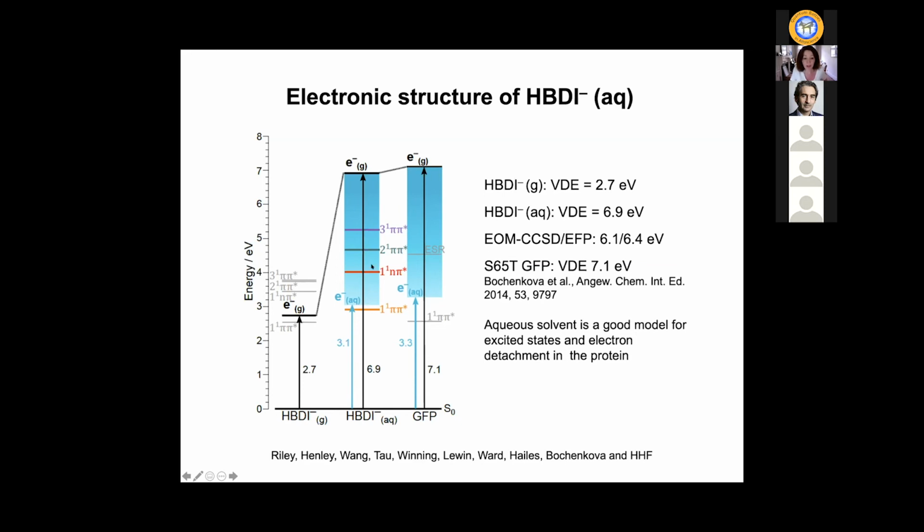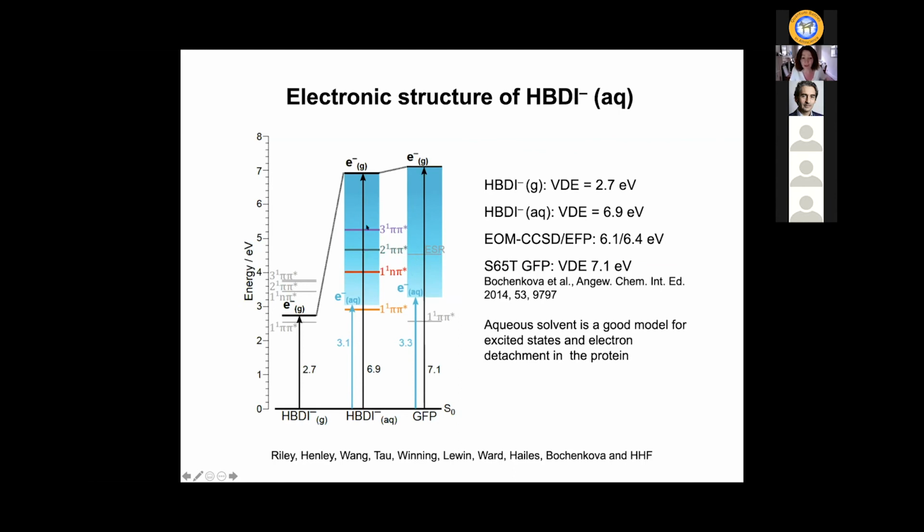Also, the pattern of excited energy levels looks very similar to that in the protein. So our suggestion from all of this is that the aqueous solvent is a very good model for the excited states and for electron detachment in the protein.